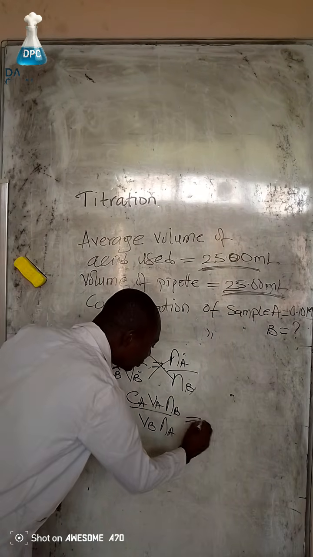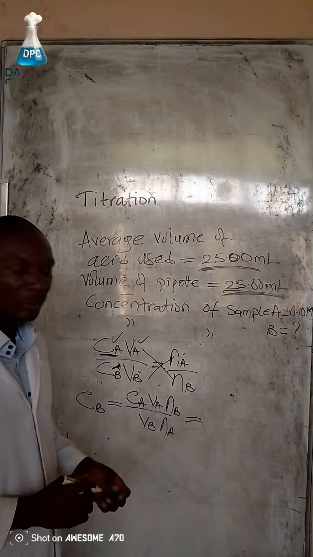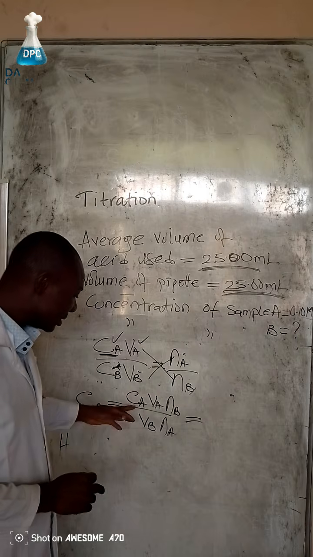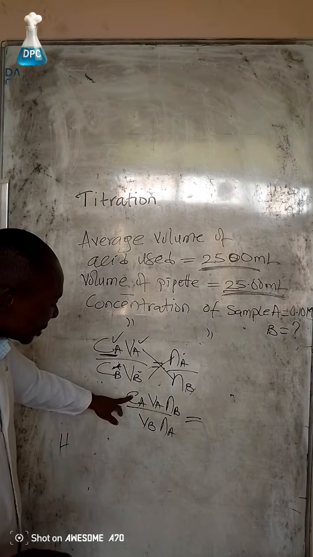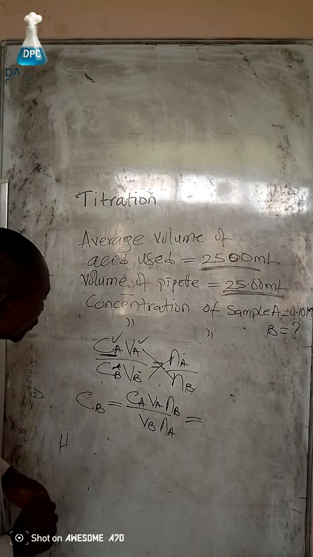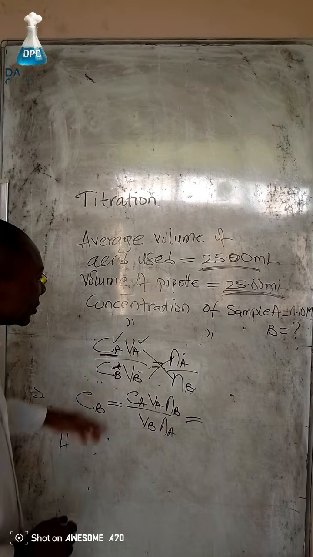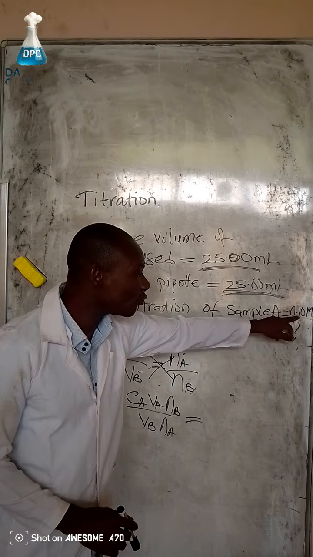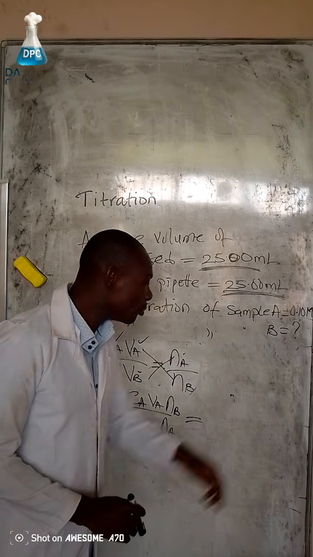Now we can do substitution of values. What is concentration CA? Concentration of solution A, we say 0.10 molar.